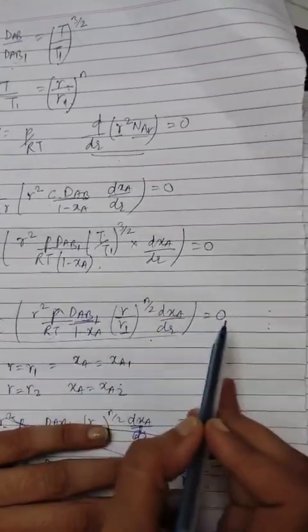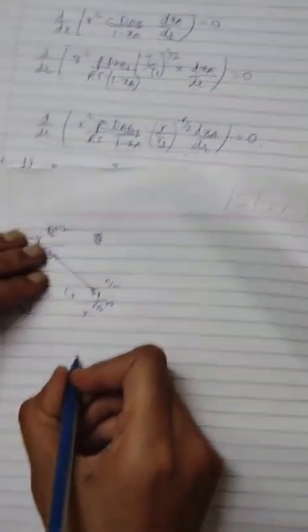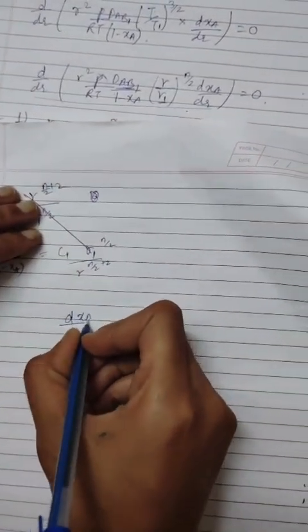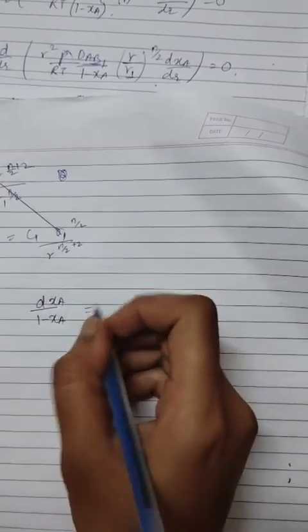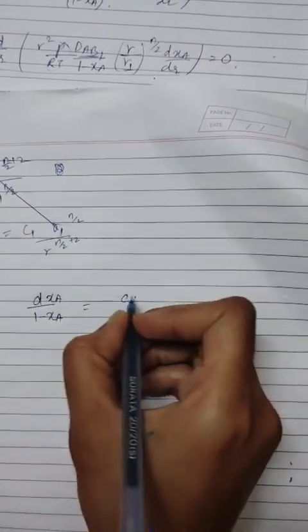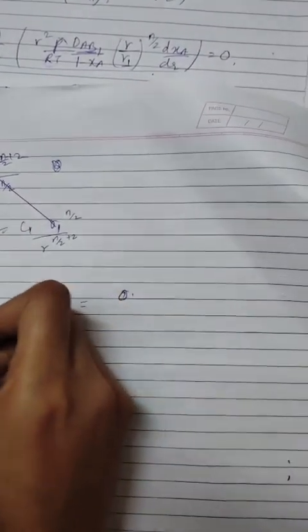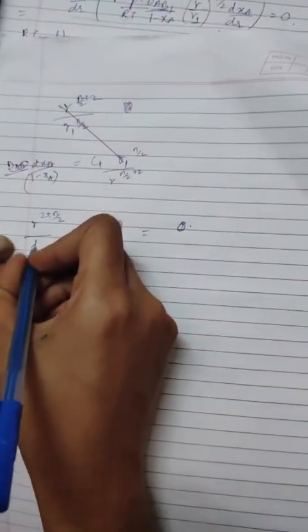So taking them on the RHS side, the equation will reduce to dX_A upon 1 minus X_A is equal to a constant times R to the power n by 2 upon dr.